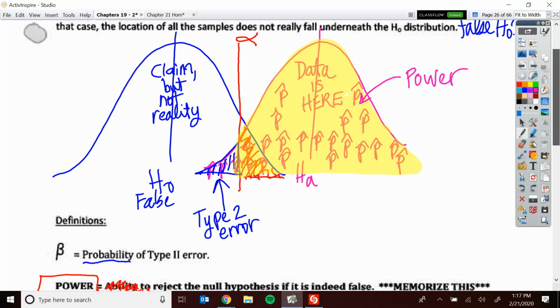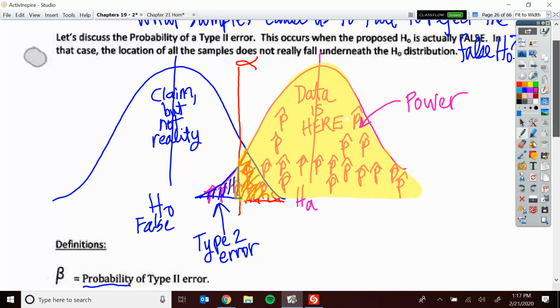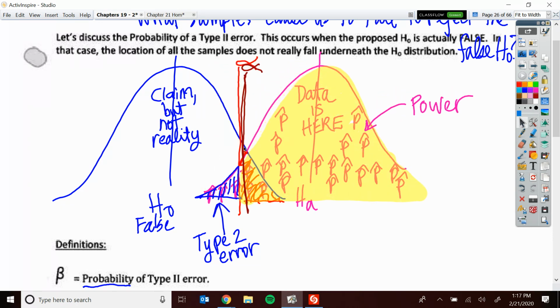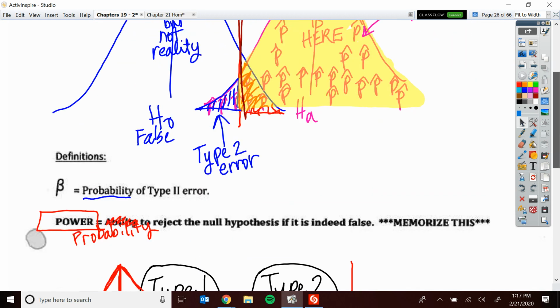Okay, so let's talk about what's happening. What if alpha gets bigger? If this alpha right here gets bigger, which direction is it moving? What happens to power? Will power get bigger or smaller? Bigger. Power will do whatever alpha does.